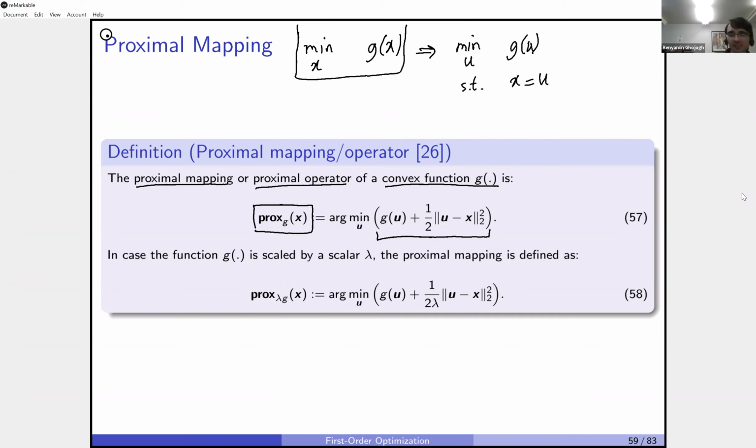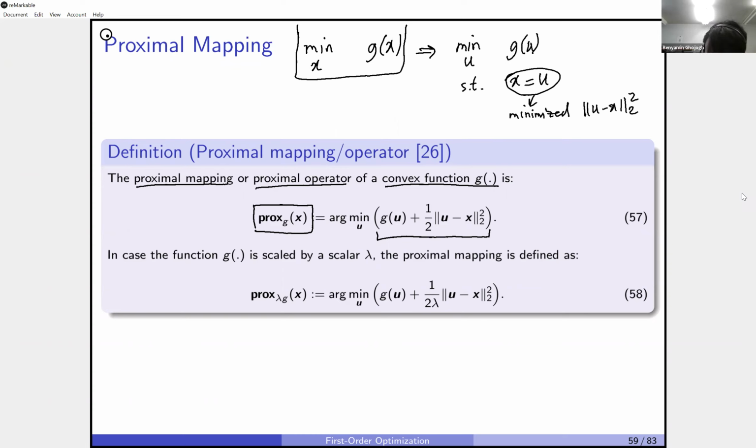This is a good technique in optimization. We can have a change of variable, but in the constraint of the optimization, we say that the variable x, which was the original variable, should equal u. In other words, rather than this, we can say this should be minimized: minimize the distance between u and x, right?